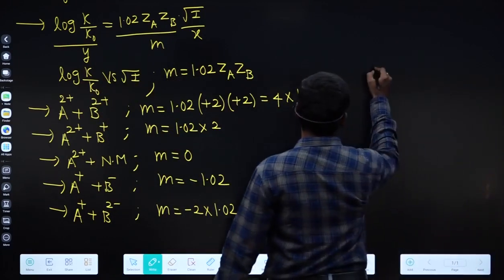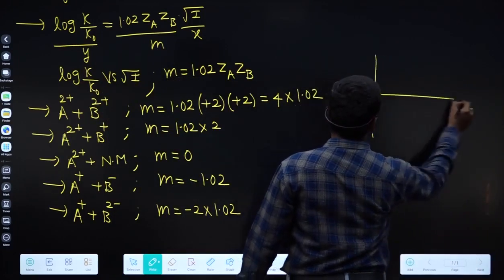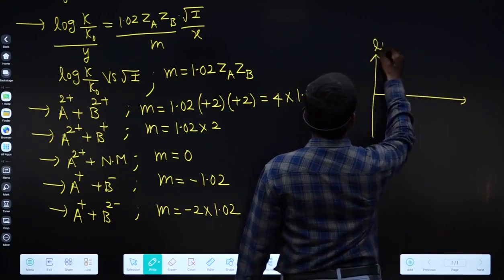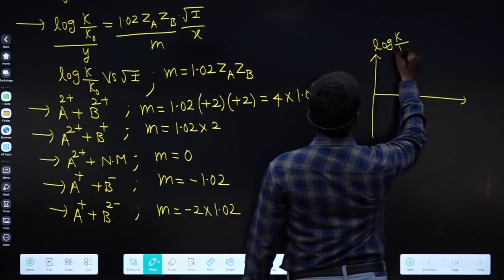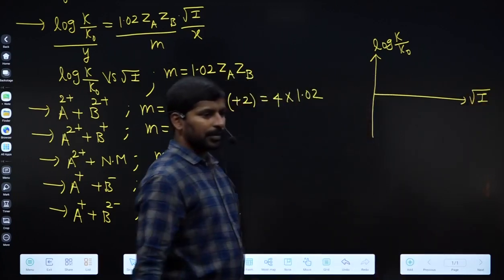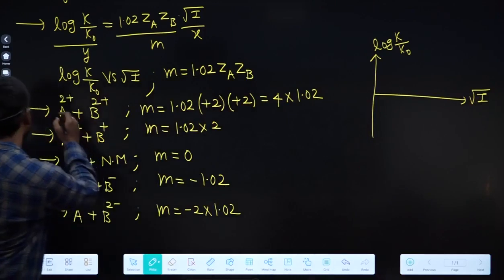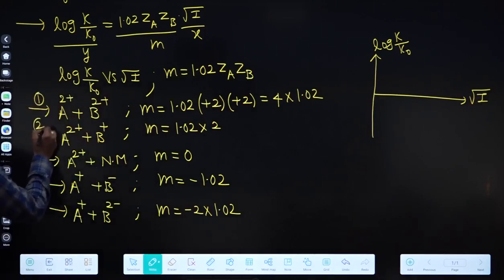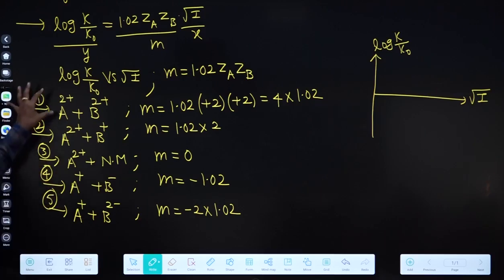So if you take a graph, here I am giving numbering 1, 2, 3, 4, 5. What about the nature of slopes in these 5 cases?